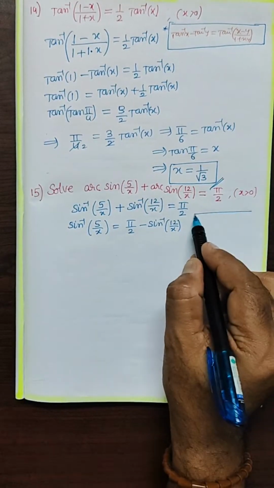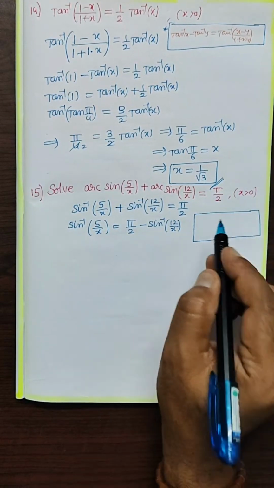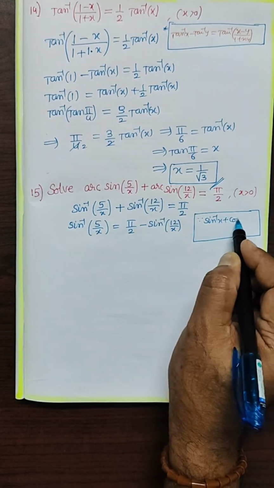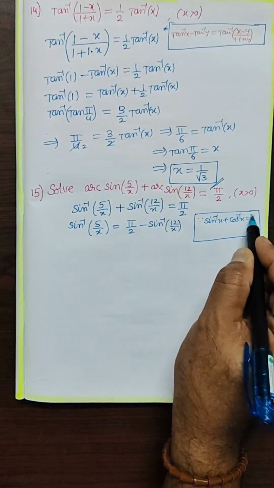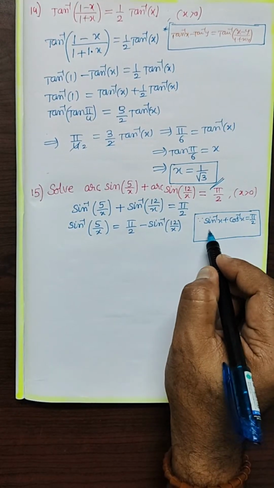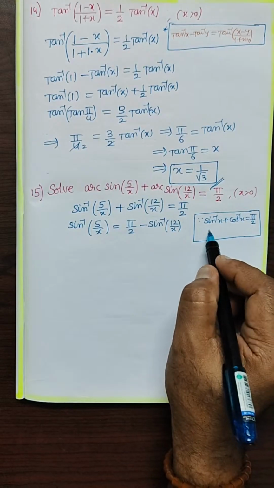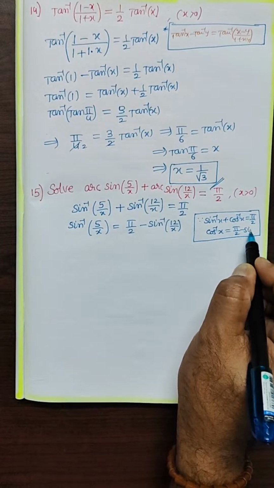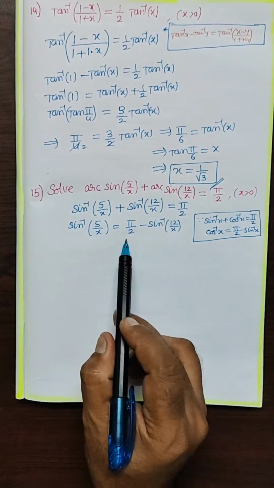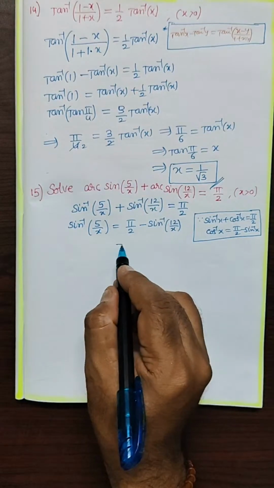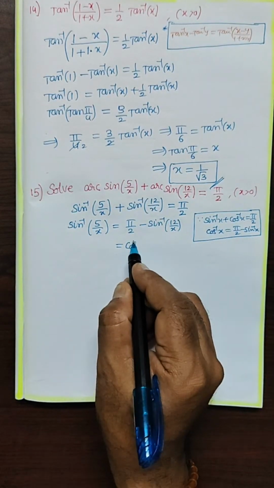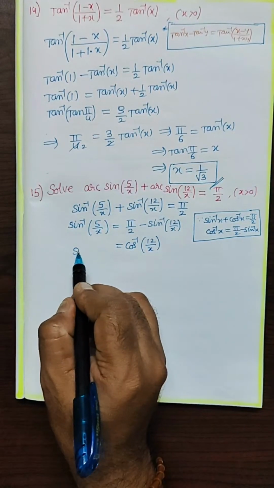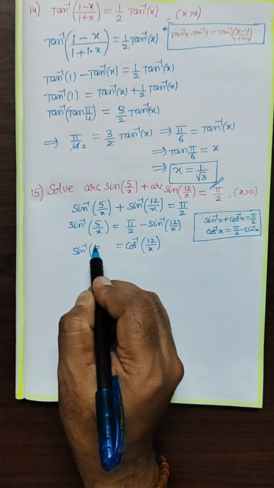So we have the formula: sine inverse x plus cos inverse x is equal to pi by 2. So from this, cos inverse x is equal to pi by 2 minus sine inverse x. So it is looking like pi by 2 minus sine inverse, so can we write it as cos inverse of 12 by x.